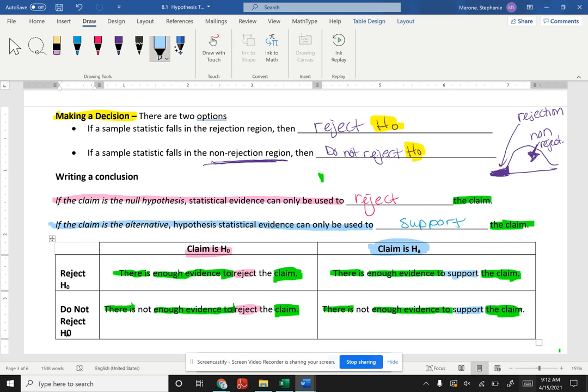So if the alternate hypothesis is the claim, this sentence is going to have the word support in it. If the null hypothesis is the claim, then that sentence is going to have the word reject in it.